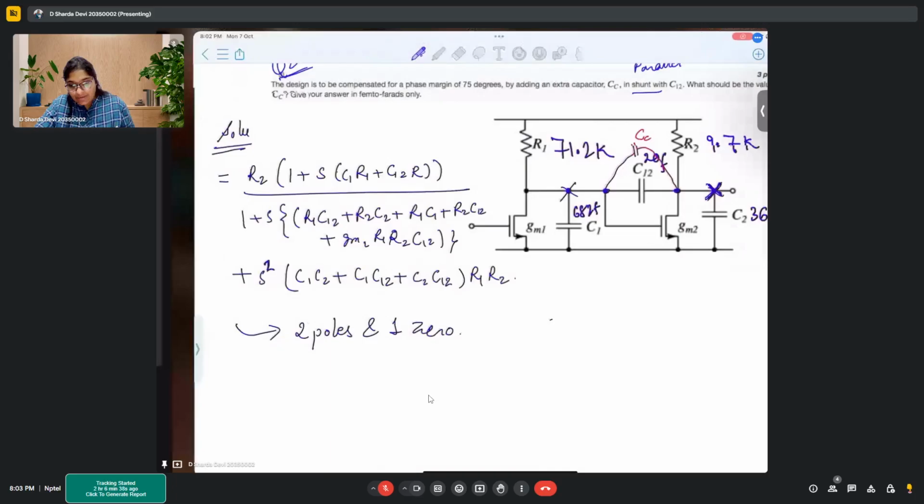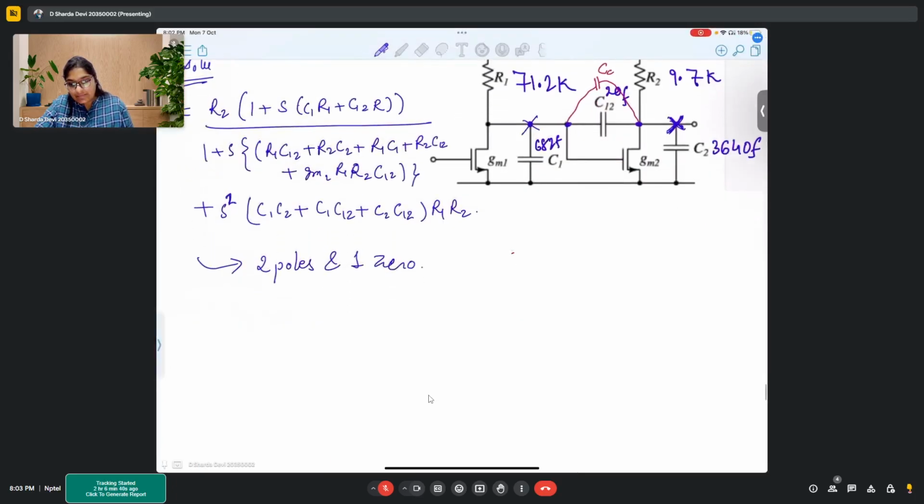If we write the two poles, it is 1 plus S tau 1 plus S square tau 1 tau 2.